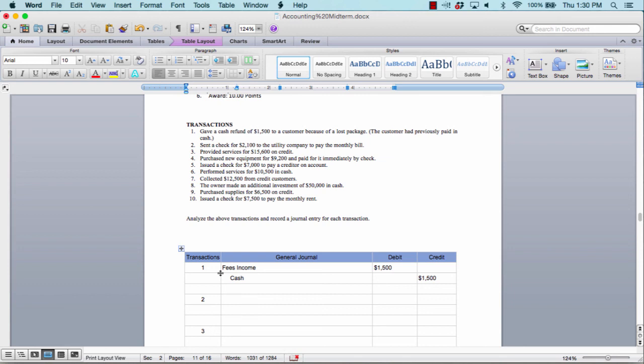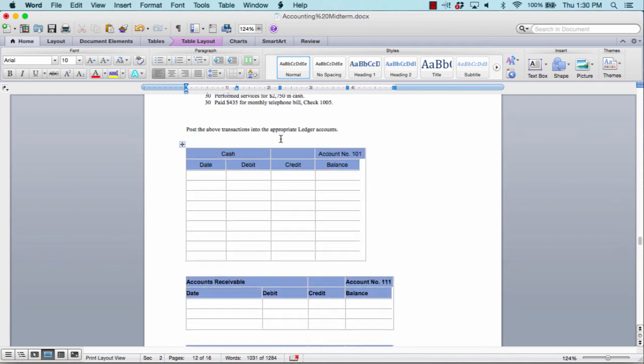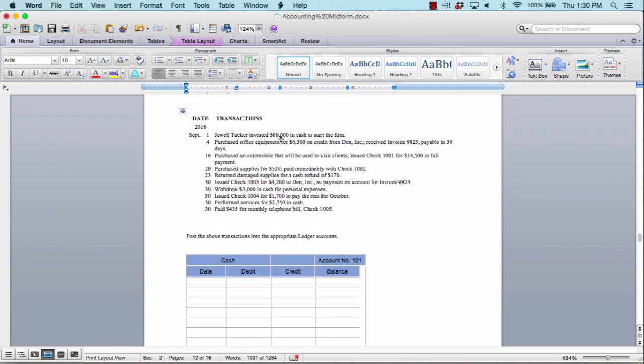Where was it? You're going to record this transaction under fees income right here. Oh, I'm sorry, I'm looking at the wrong one. That's why I'm getting confused. It's number 7. Fees income. So what you do here is, I'm going to scratch everything I just said.